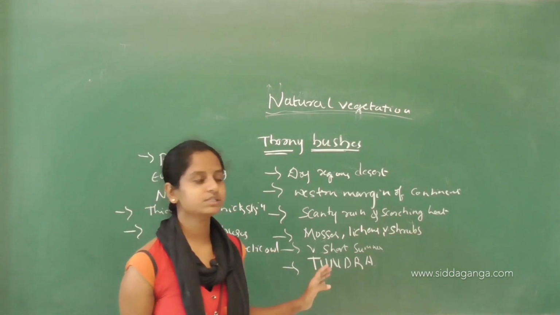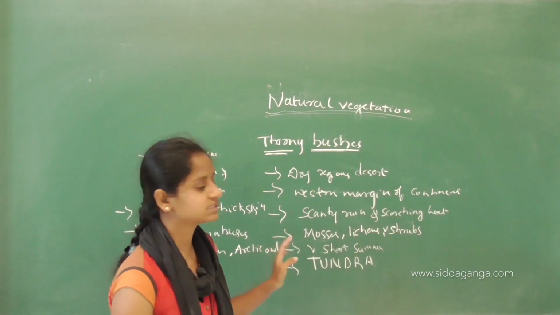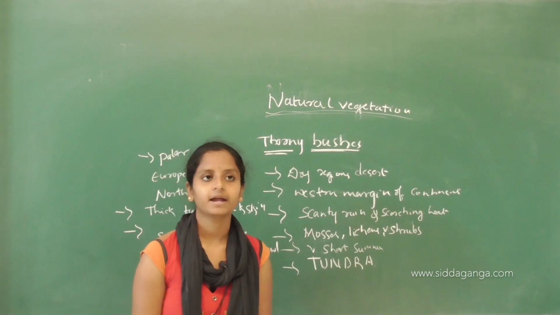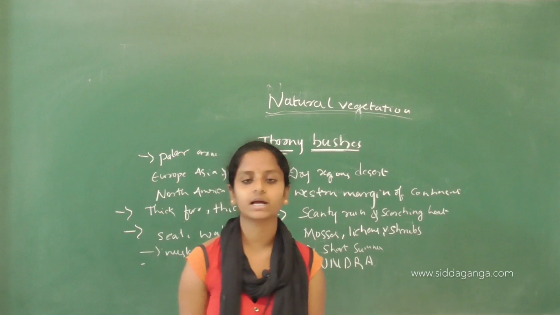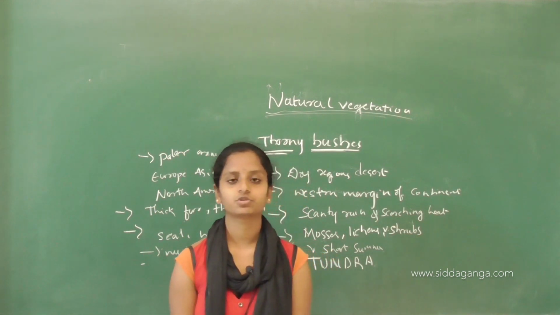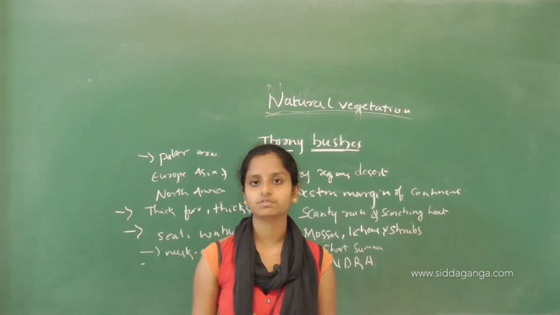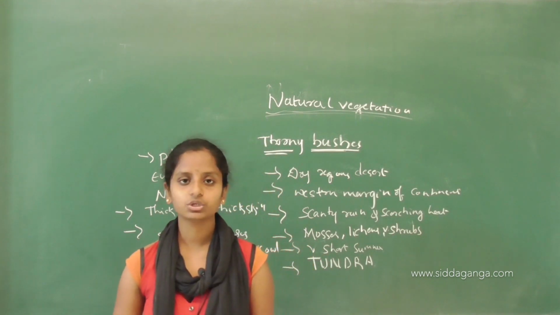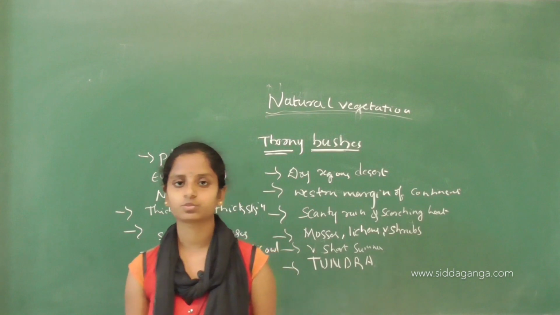So this is about today's class, natural vegetation. In your textbook they have given different names for the different grasslands in different states or countries, so you can go into your textbook.